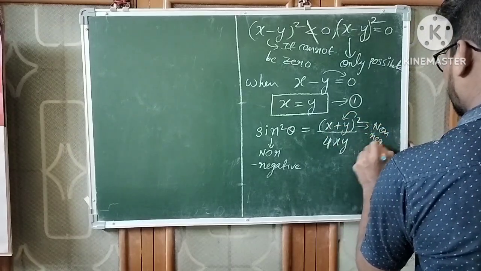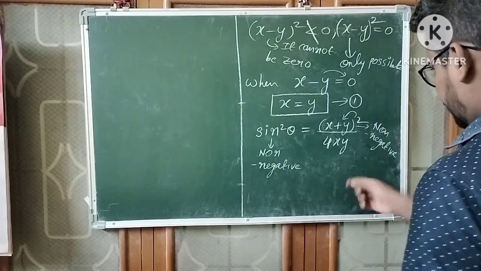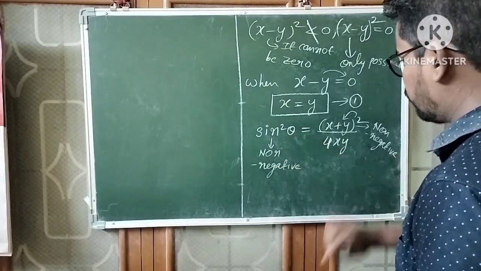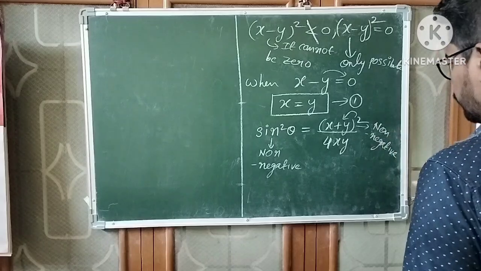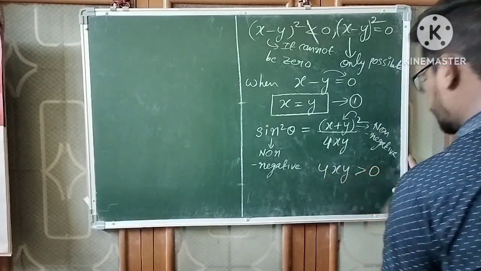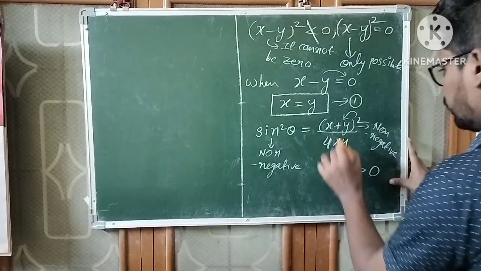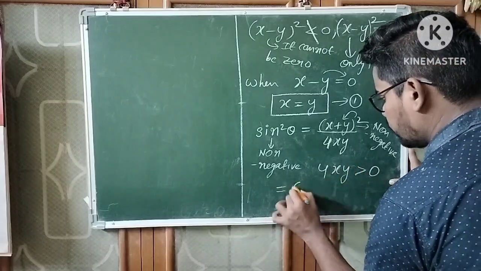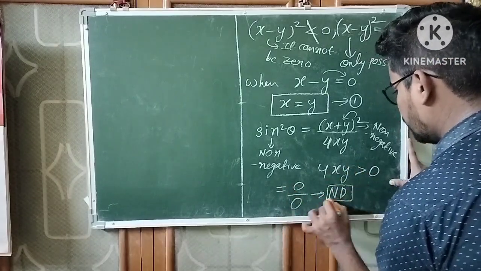Now, what about the denominator? We know sin square theta is non-negative, it means it is either 0 or positive. So this is also either 0 or positive only when the denominator is positive. What will happen if denominator is 0 and numerator is 0? If both numerator and denominator are zeros, then 0 by 0 is not defined. Remember, 0 by 0 is not defined.